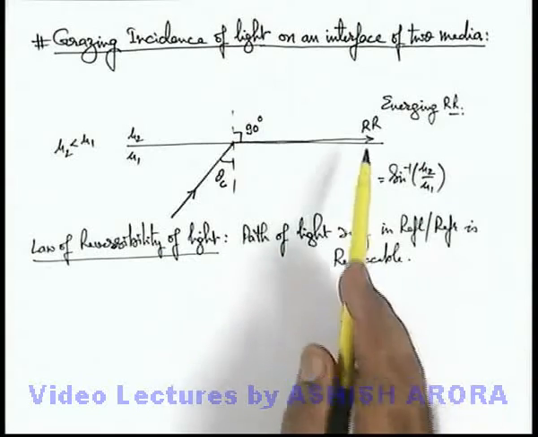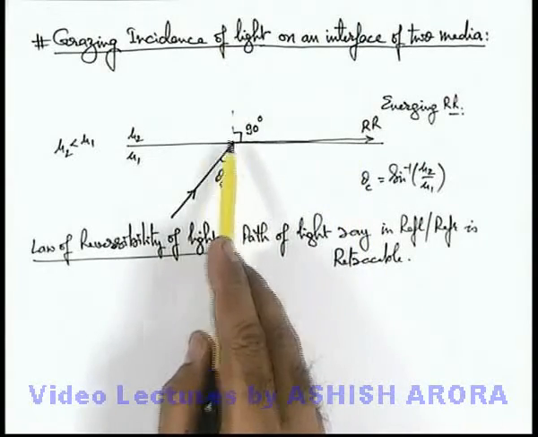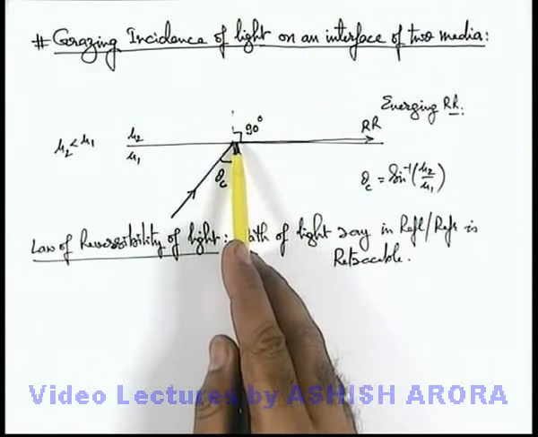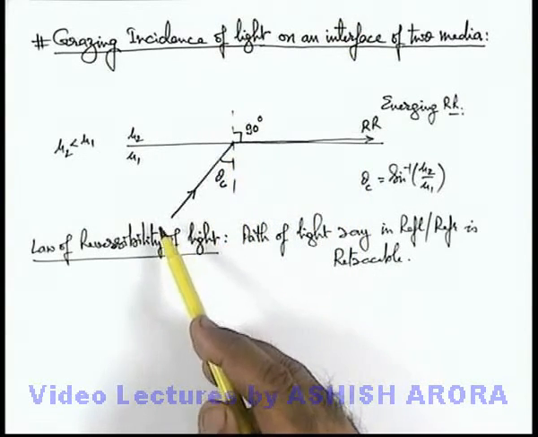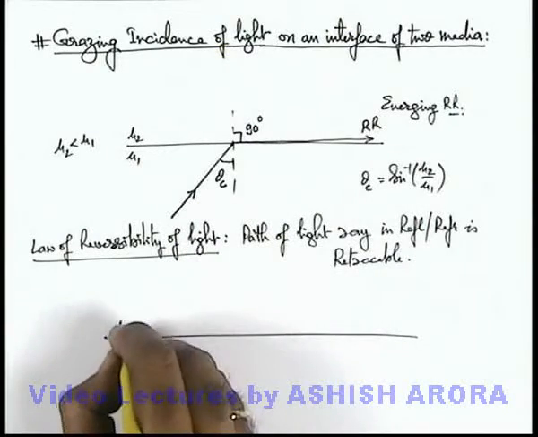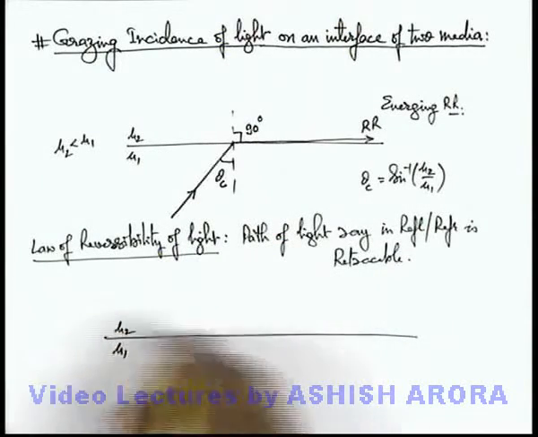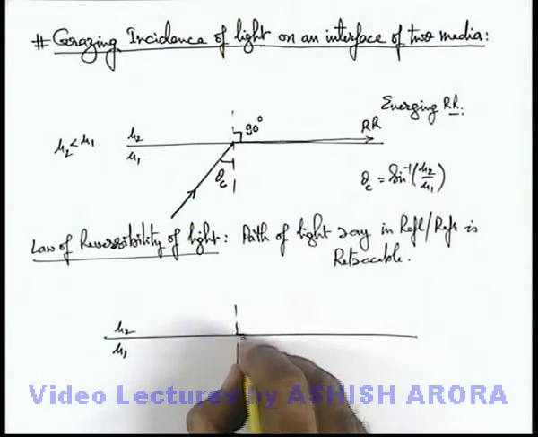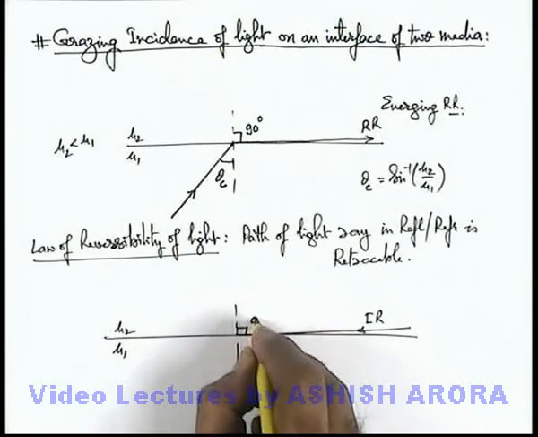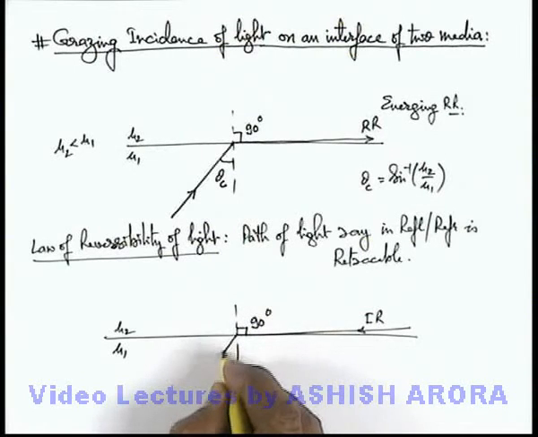That means if a light ray is incident on this boundary from the side of refractive index mu2 at an incidence angle of 90 degrees, then the light will refract at an angle theta c. So according to this law of reversibility of light, if an incident ray is incident on the boundary at an angle almost 90 degrees, then it is refracted into the other medium at an angle theta c.